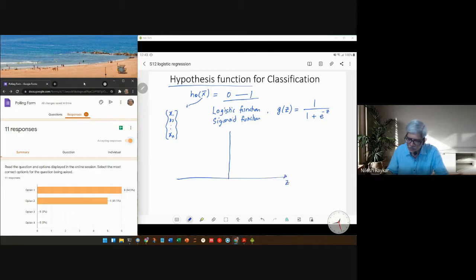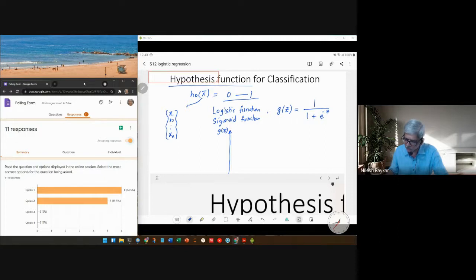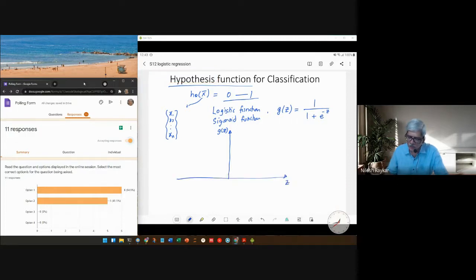This is z, and this is g of z. Z equal to 0 is here, this is towards positive infinity, and this is towards negative infinity. Let's first see the value of this function at z equal to 0. Can somebody tell what is the value of g of z at this point?